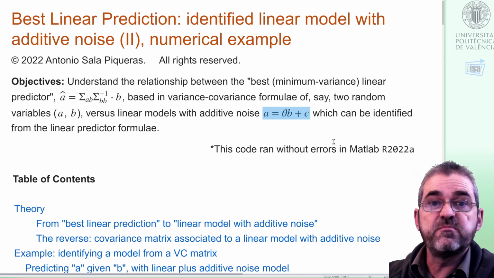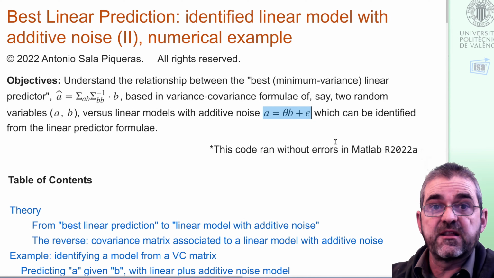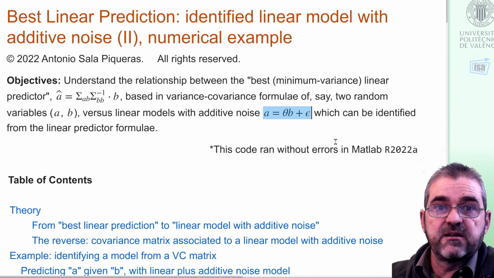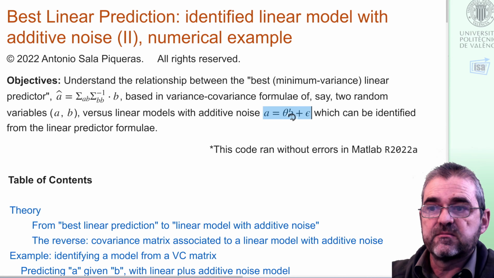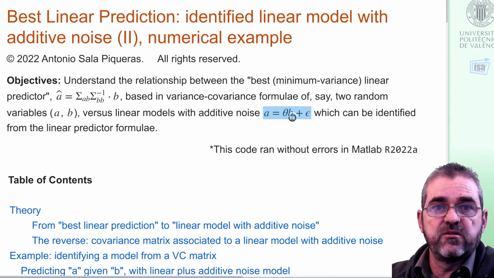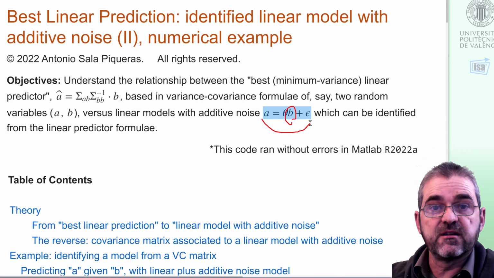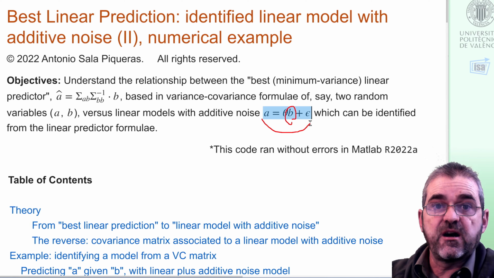One is predicting A given B, another one is predicting B given A. We may have thought that the two models are the same, that I can obtain the second model by just algebraically solving for b in these equations, as done with deterministic equations, but that's not true. I can solve algebraically for b given this equation, but then the resulting model will not be the optimal linear prediction, the optimal inverse model in a statistical sense.